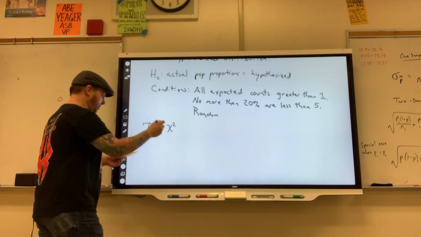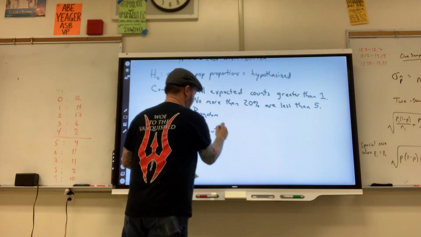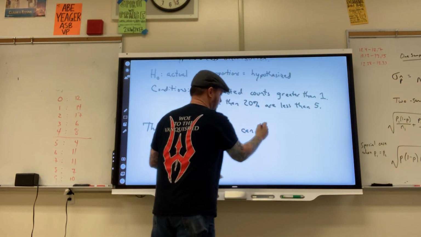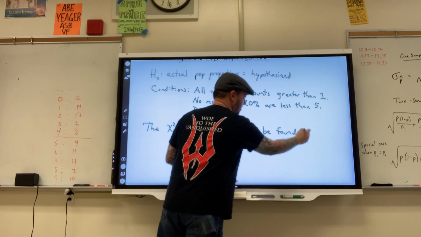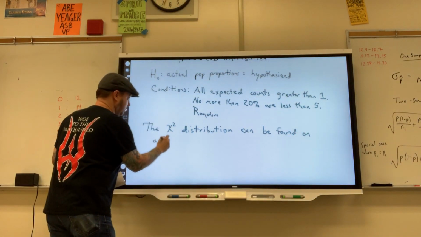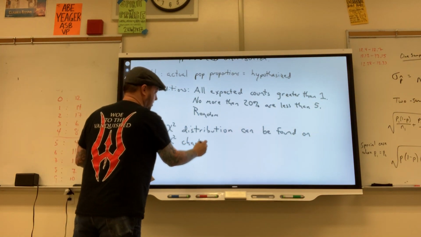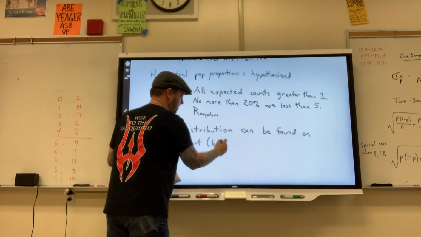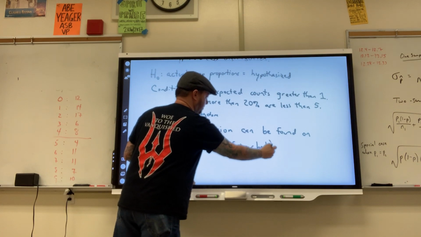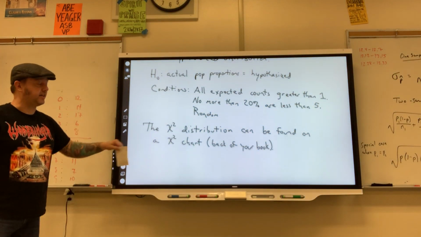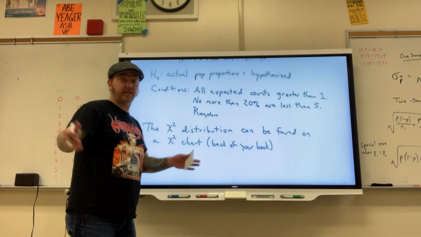the chi-square distribution can be found on a chi-square chart, which is in the back of your book. It will be attached to your test. It will be attached to the AP test.